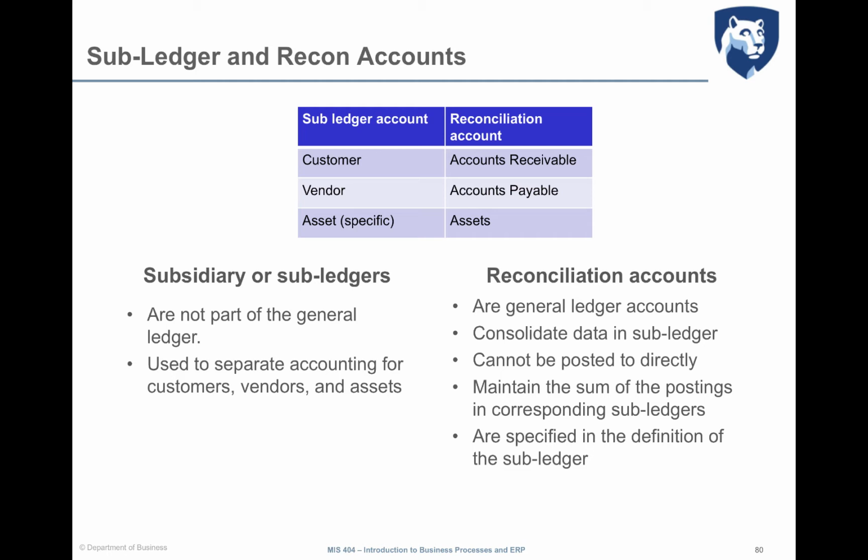It's intuitive, but as we can see here, if we deal with customers that in the subsidiary or subledger are registered in different accounts, the subsequent reconciliation account is accounts receivable. For vendors, instead, it is accounts payable. For specific assets, their reconciliation account is asset.